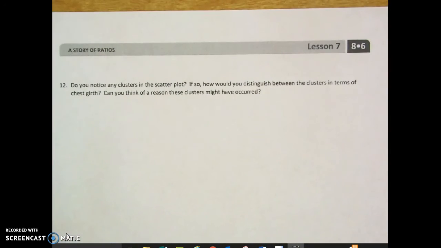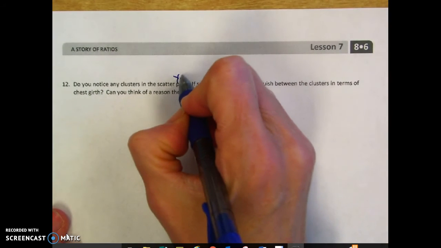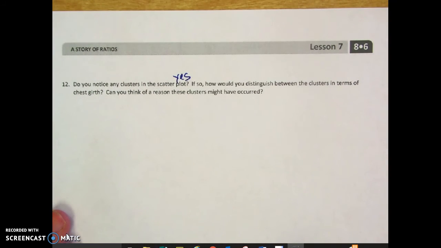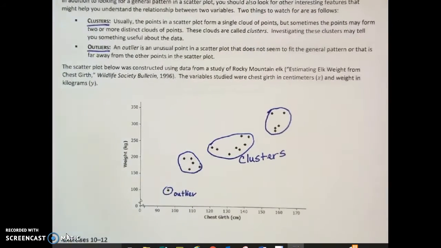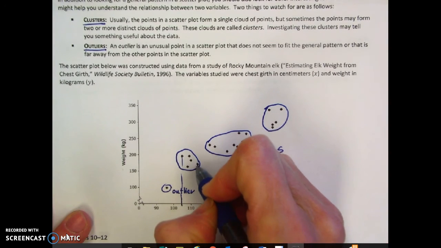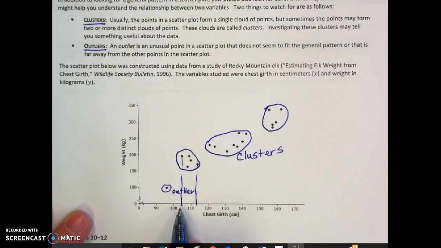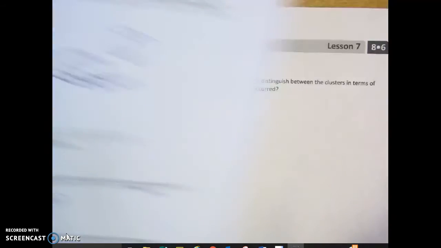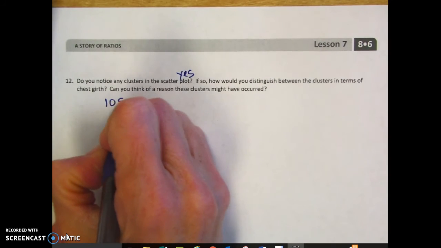So going back to answer this, do you notice any clusters? Yes, I do. And if so, how would you distinguish? Let's look at the chest girth for each one of these. The lowest one here is about there compared to there. So I'd say maybe 105 to 115.